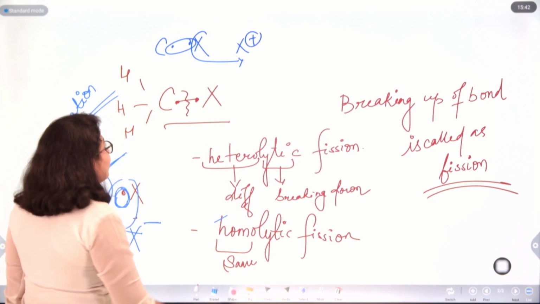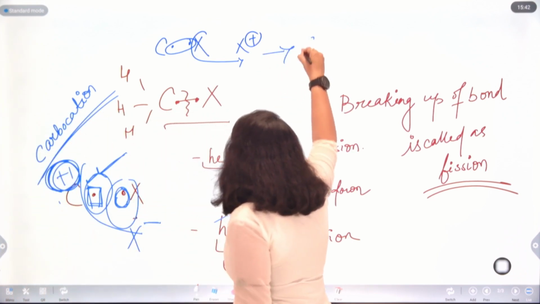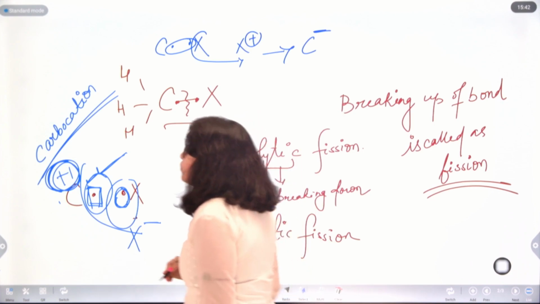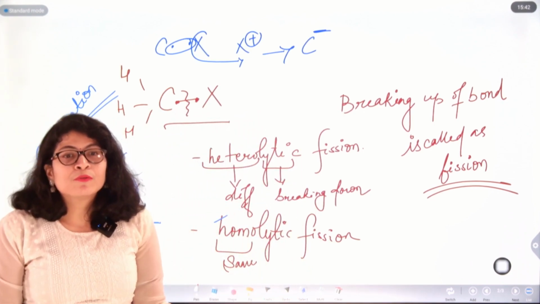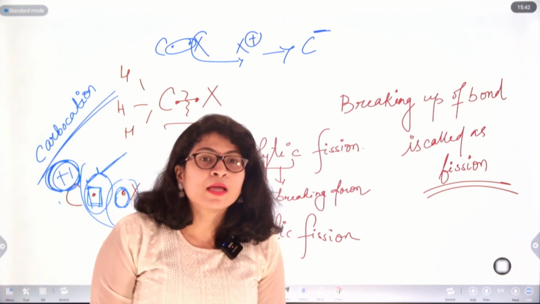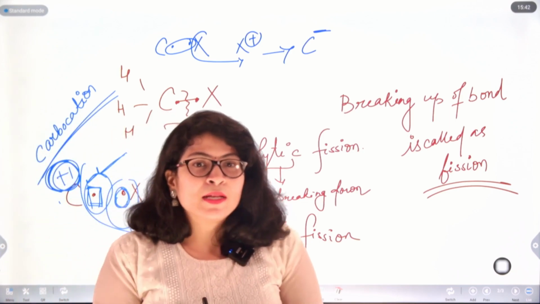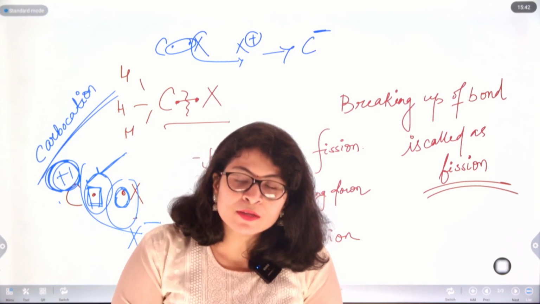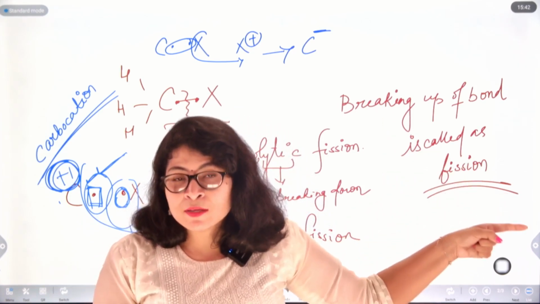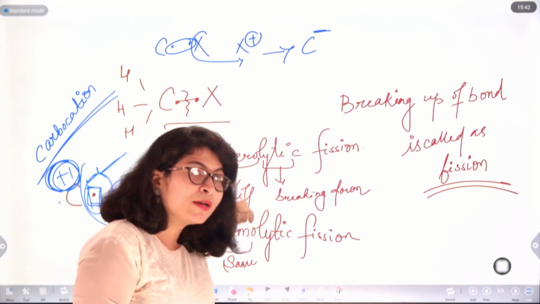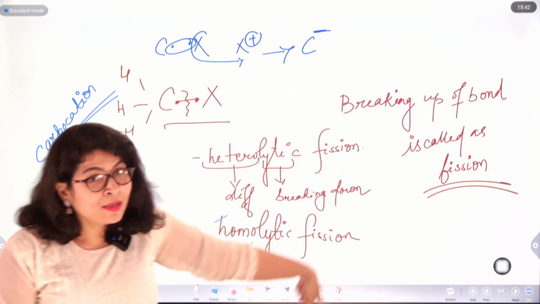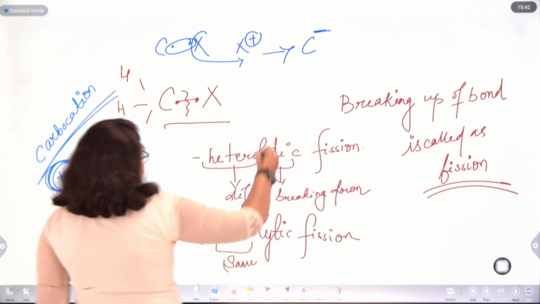So carbon here will get a negative charge. This negative charge on carbon leads to the formation of an anion, right? An atom after gaining an electron gets converted to an anion. Here carbon is our anion. When carbon was our cation, we named it carbocation. When carbon is our anion, it is called carbanion.